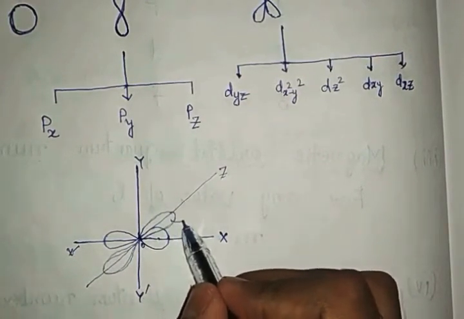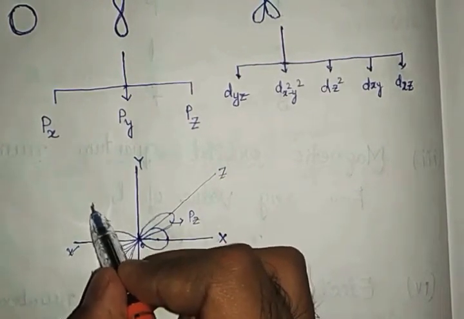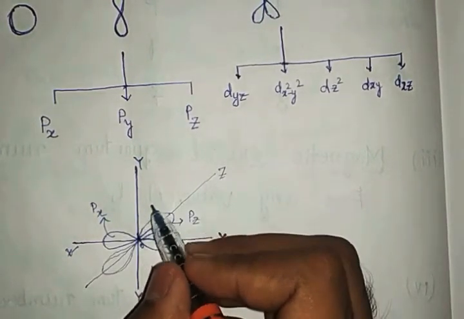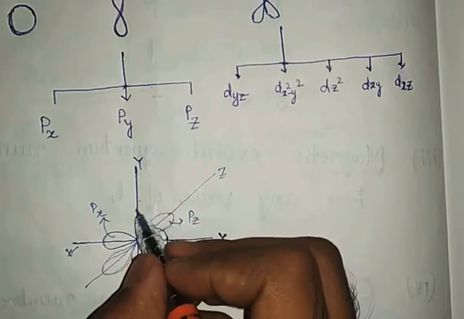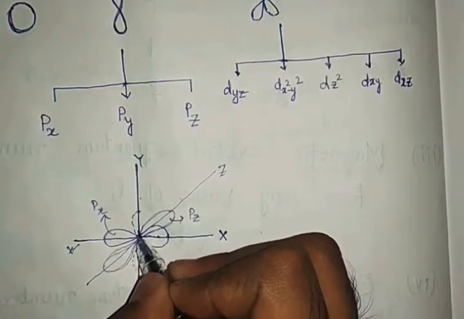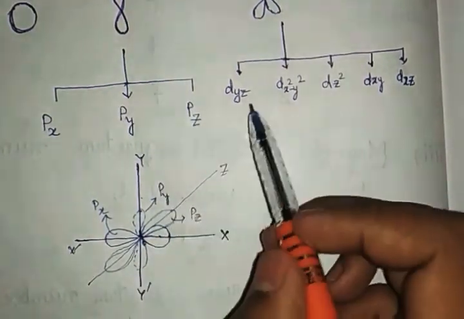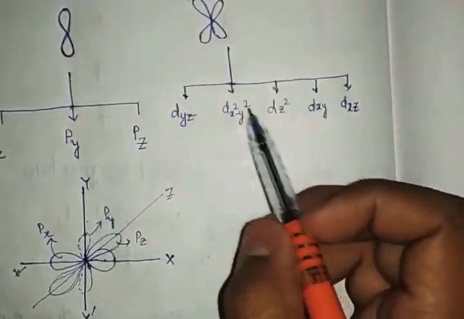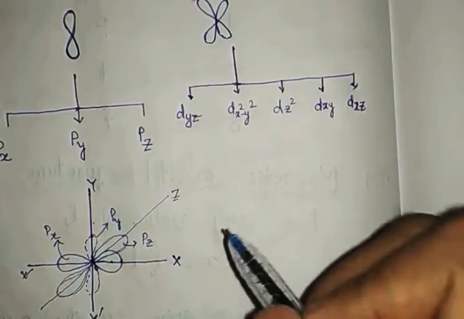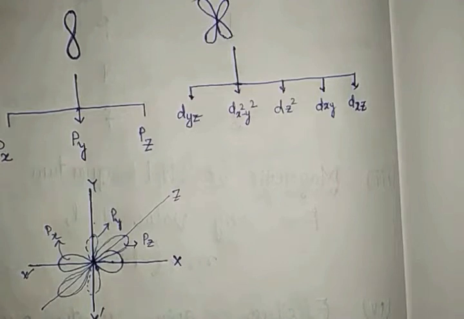This will be the pz orbital, this is the px orbital, and if I draw along the y-axis, this will be py. Similarly for the d orbitals, you can see in your NCERT textbook how the shapes of these d orbitals are drawn.